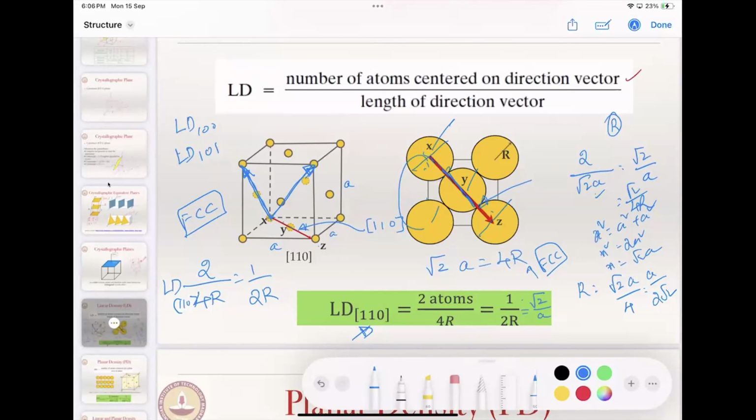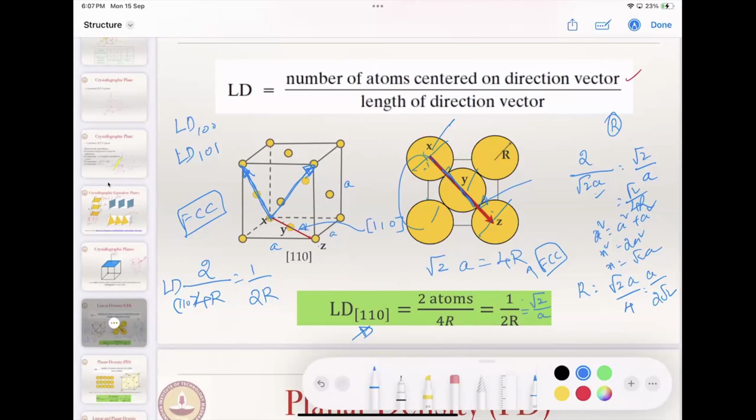It will be higher, because it is the body diagonal. Are there any atoms in the center? No, it is empty. It's not BCC, it is FCC.